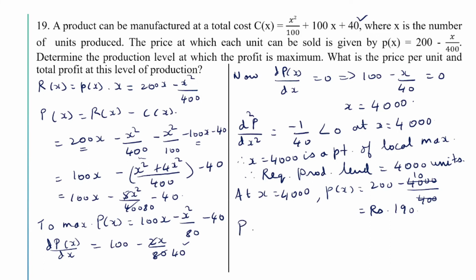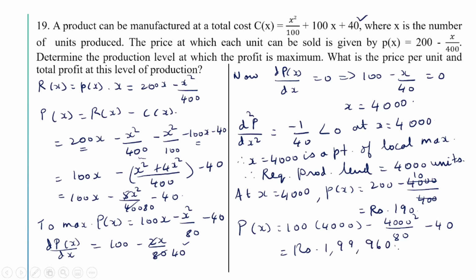And the profit is p of x is equal to 100 into 4000 minus 4000 square by 80 minus 40. So when we simplify, we get 1,99,960. So at x is equal to 4000, the price per unit is 190 and the total profit is rupees 1,99,960.